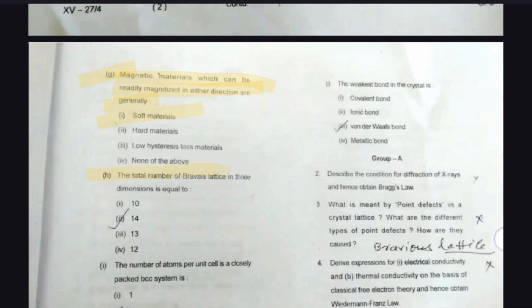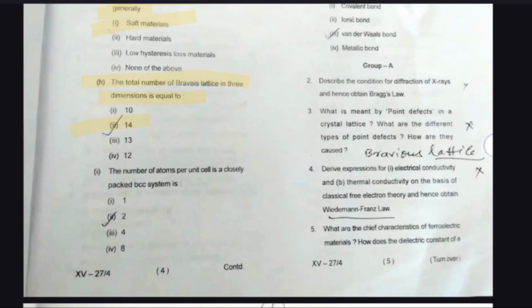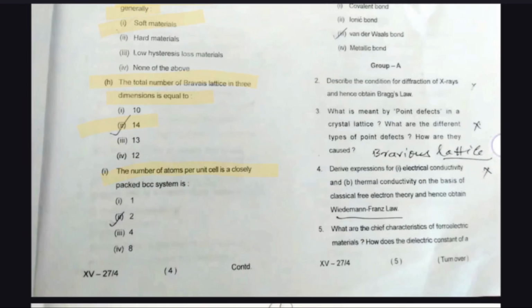Question number H, the total number of Bravais lattices in 3 dimensions is equal to 14. Question number I, the number of atoms per unit cell in a closely packed BCC system is 2. Question number J, the weakest bond in a crystal is van der Waals bond.